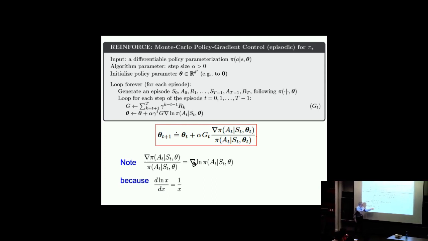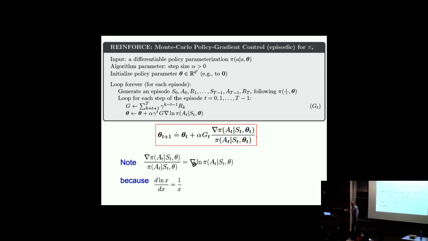Then this is just going to be the derivative of pi itself with respect to theta times 1 over pi, right?